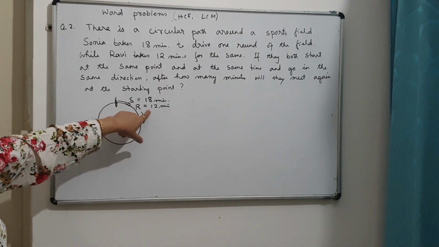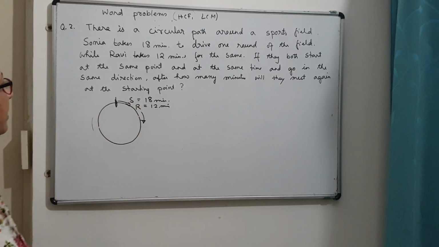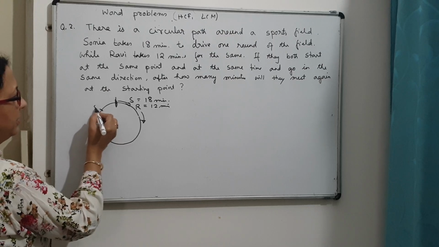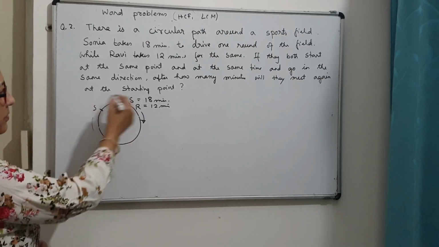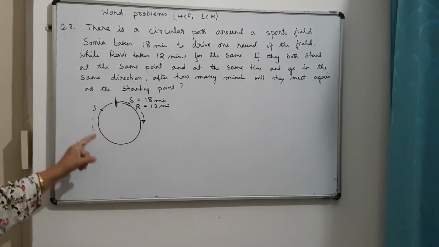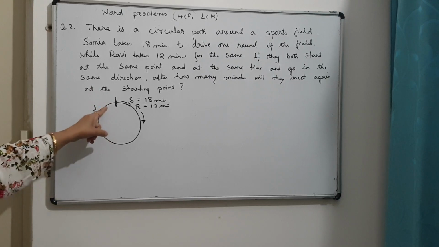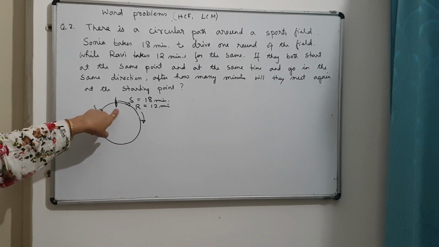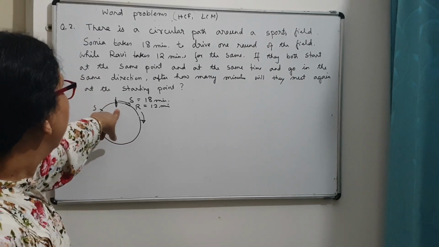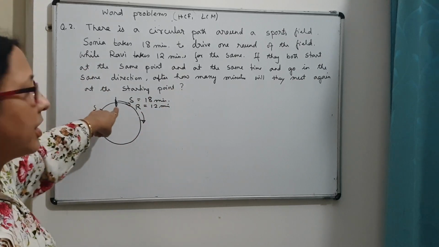Ravi is faster, he takes less time than Sonia. So obviously, when Ravi completes one round here, Sonia will be left behind, she will be here. In this way, as they take rounds, the difference between them will go on decreasing, and at a certain time both of them will again be here at the same starting point. So you have to find after how many minutes they will meet again at the starting point.